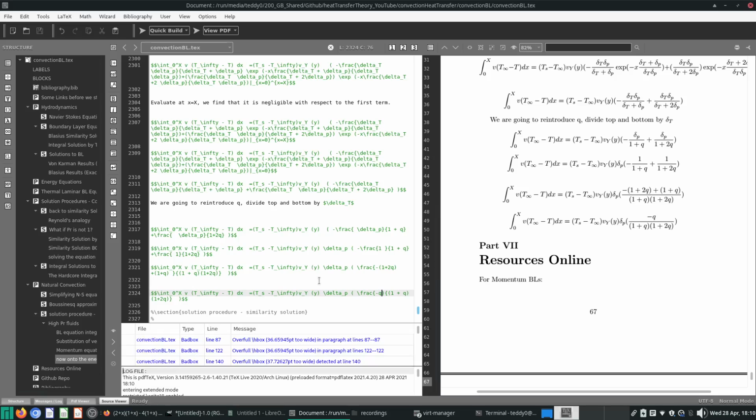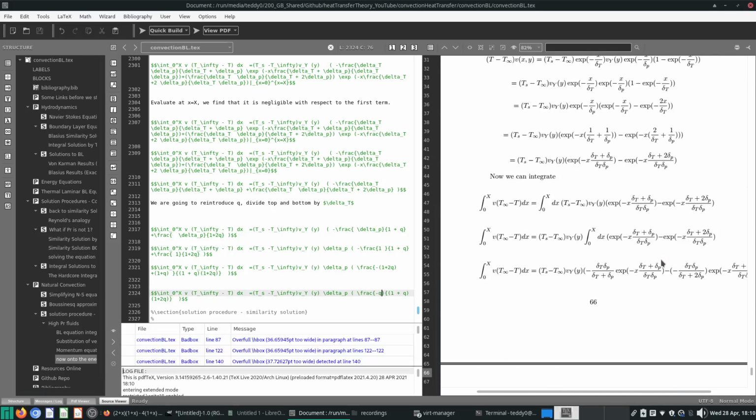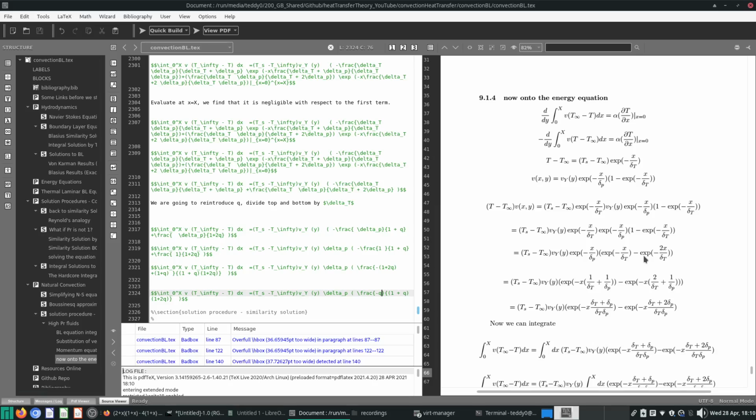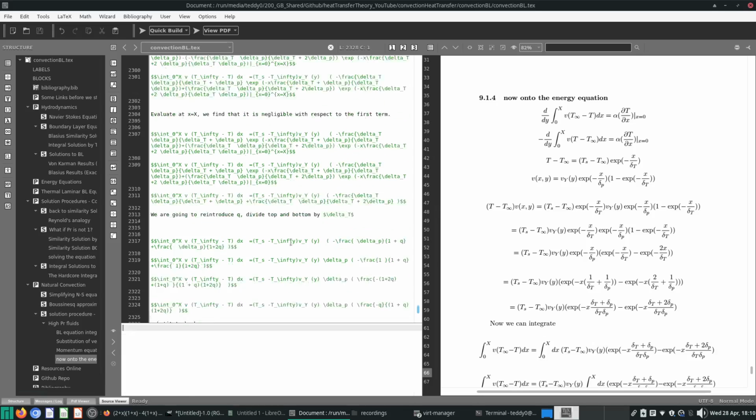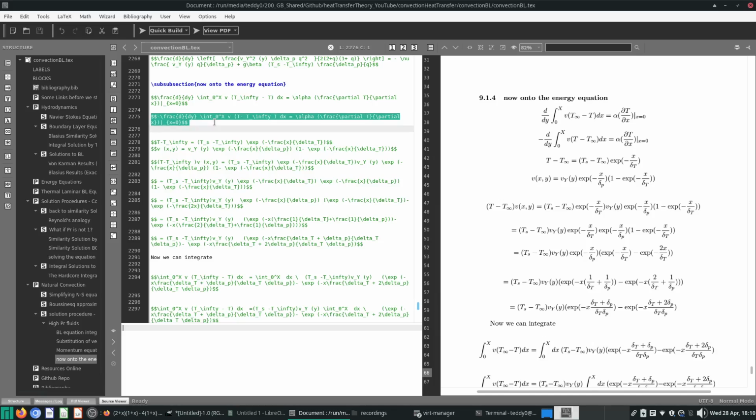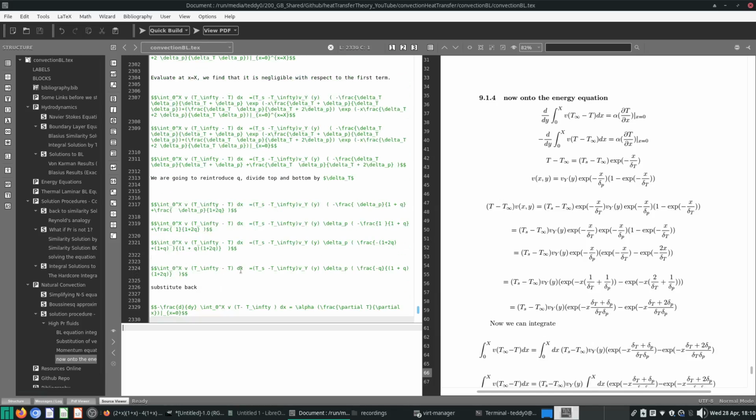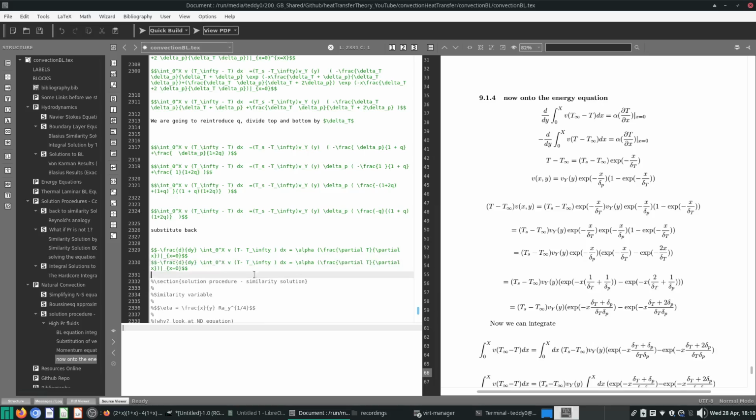So we have this integral now in this form. Okay, then we substitute back. Now onto the energy equation here. So this integral will be substituted out completely. We'll just get this. Alright.